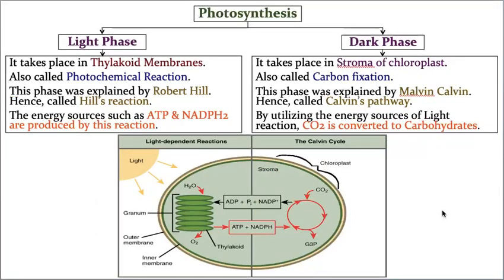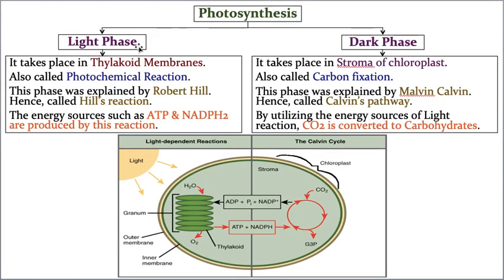Before I start on where exactly photosynthesis takes place, you should know that photosynthesis is a complex chemical reaction. It is not so easy, because it is a very complex chemical reaction. It is broadly categorized into two phases. What are they? The first one is called the light phase.